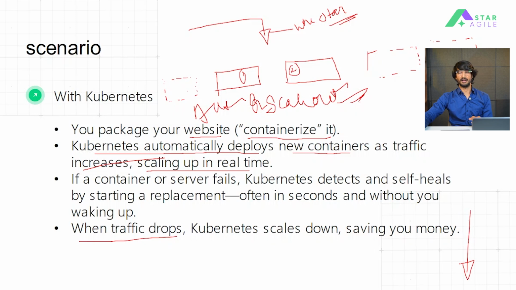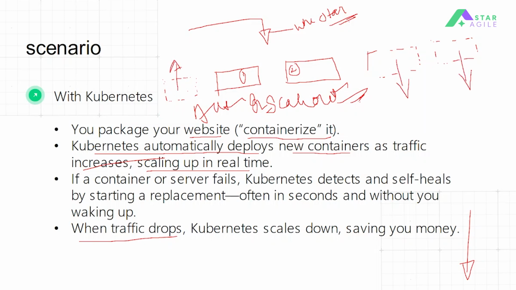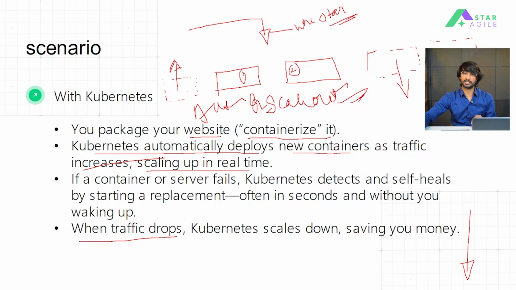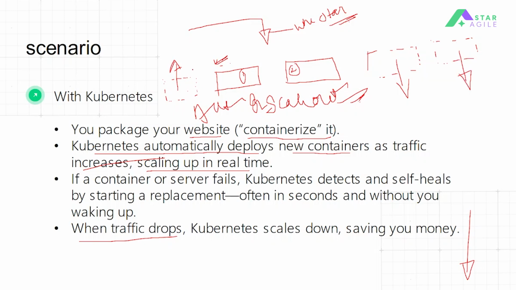During this time, there is no need for Kubernetes to maintain multiple containers beyond the necessary. So Kubernetes will calculate the load, and depending on that, it will keep on reducing the number of containers, and maintain only those containers which are necessary during that particular peak hours.